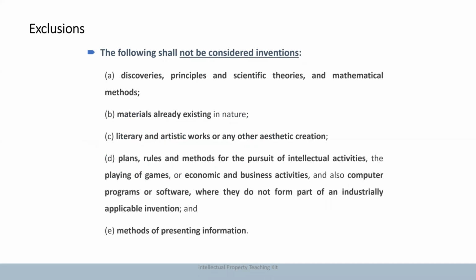The law specifically states a list of exclusions from patents, and there are two main families of reasons why some things can be excluded from being patented. The first group is the list of things that cannot be considered inventions, and so, of course, they cannot be patented, because we've said that patents serve to protect inventions.